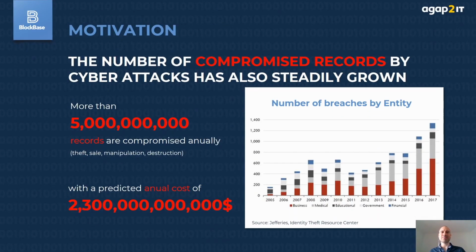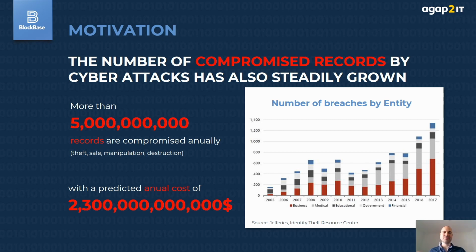Another big problem at the moment is cyber attacks. A lot of information gets stolen, sold online, manipulated and destroyed every year. This has a huge cost, estimated at about 2.3 trillion every year.